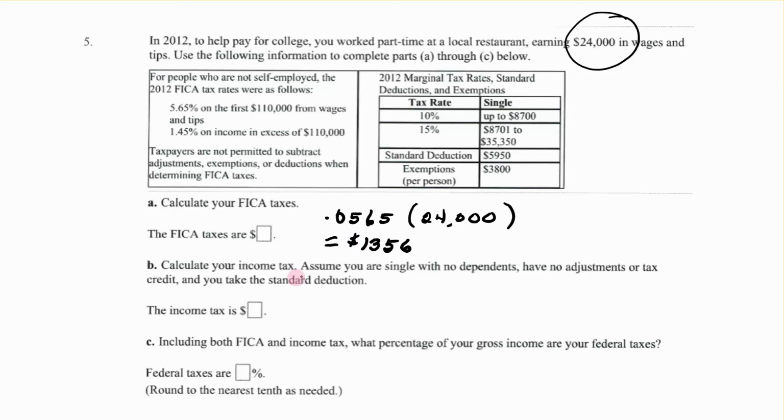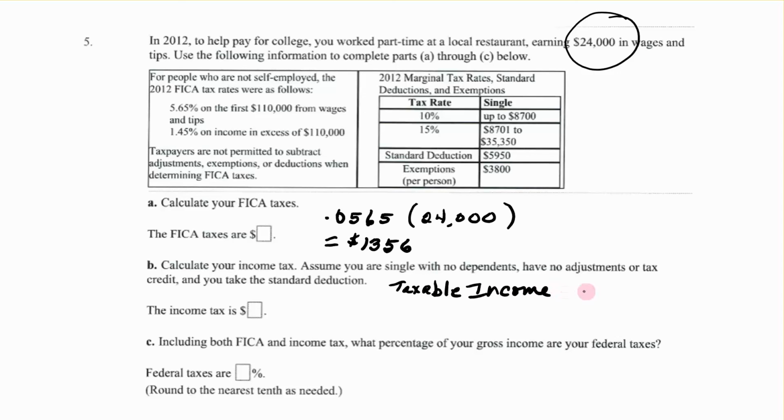Okay, let's see. Calculate your income tax. She does not have any adjustments. So what's her taxable income? What are they going to do the tax rate on?